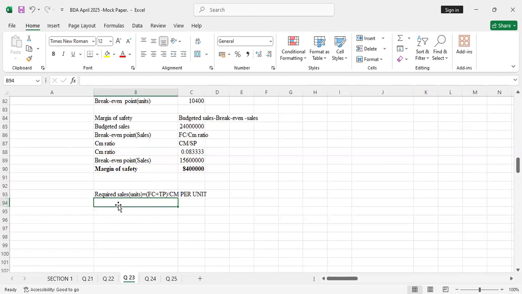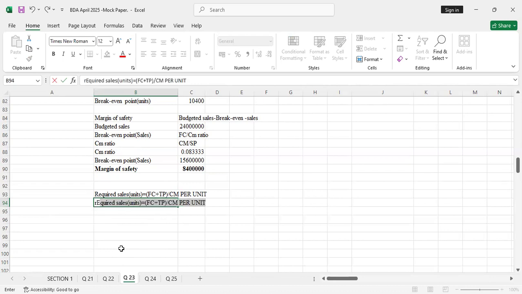So we have everything now. Let me write it once again: required sales in units.